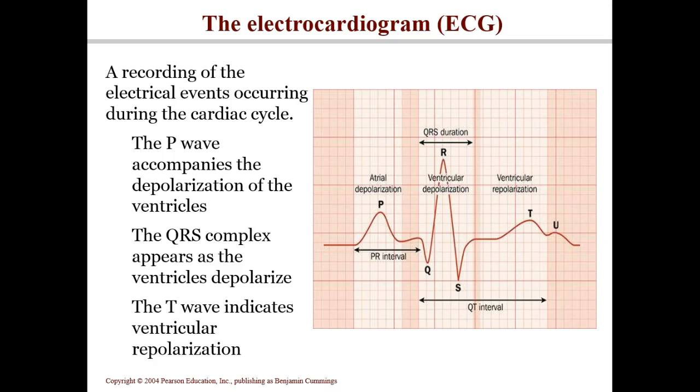And then the repolarization of the ventricles is basically the amount of relaxing time, and when we say relaxing time, the amount of time those ventricles are given to actually fill.